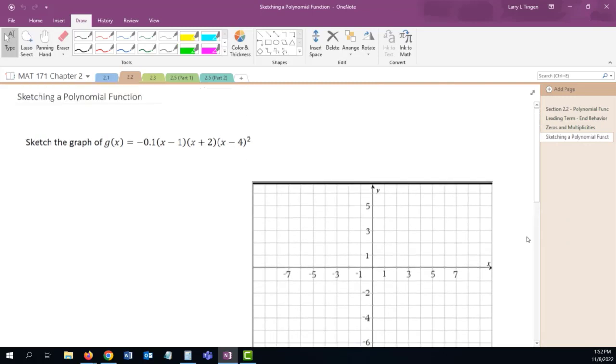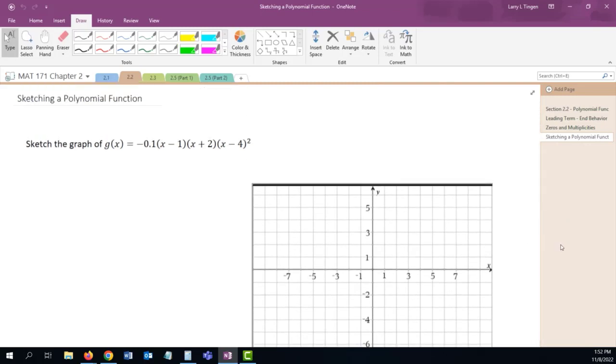Good. All right, so let's sketch g of x is equal to -1/10 times quantity x minus 1, closed quantity, times quantity x plus 2, closed quantity, times quantity x minus 4, closed quantity squared. So what can I do with this?